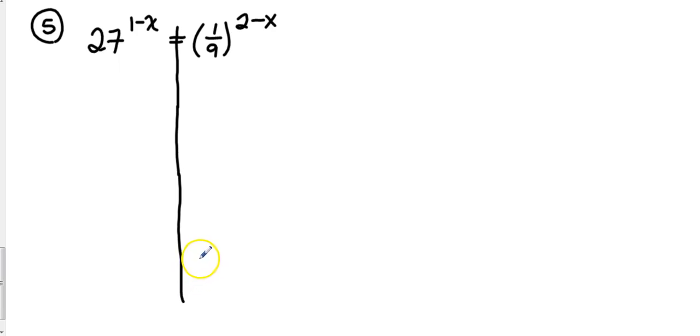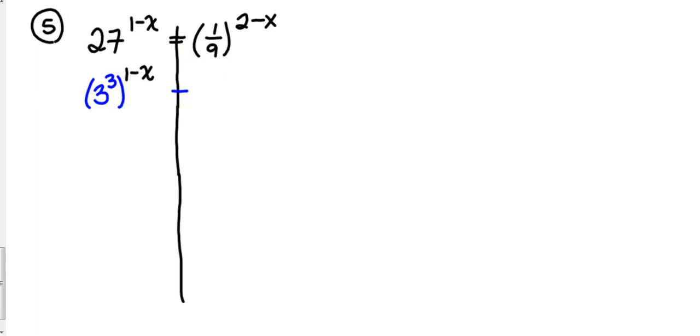When I see 27 and 1/9, I'm hoping that we're thinking of base 3. So how can I rewrite 27 as 3 to a power? 3 to the third is 27. 1 minus x is still an exponent up high.